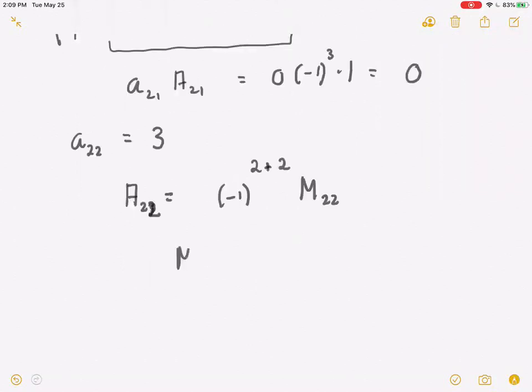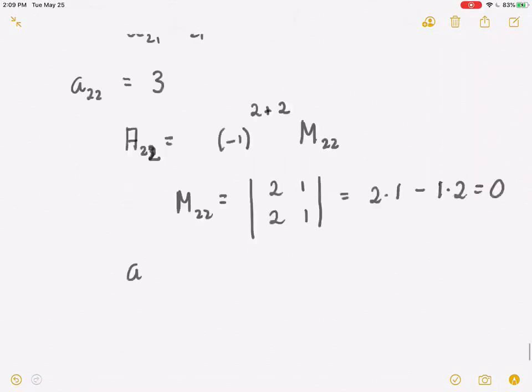If you go back to the original coefficient matrix, you can discern that the minor is simply this determinant, which again, I'll do it the long way, vanishes. So that second term has no contribution at all either, because it's 3 times minus 1 raised to the 2 plus 2 power times 0, and all that becomes 0. So 2 down, 1 to go.